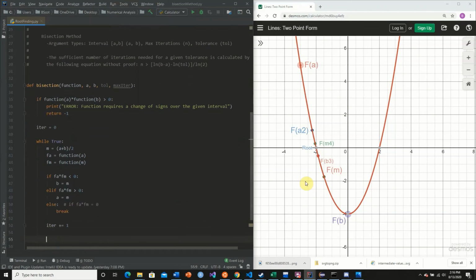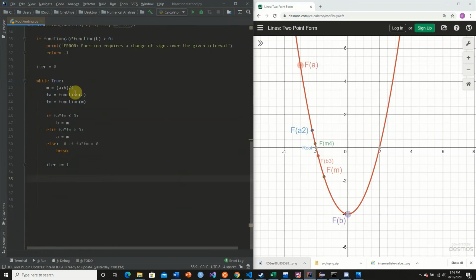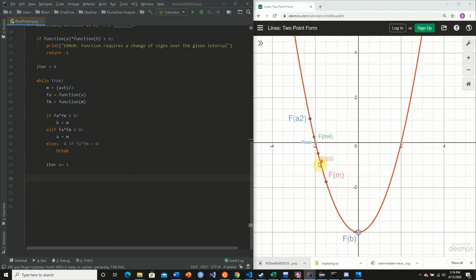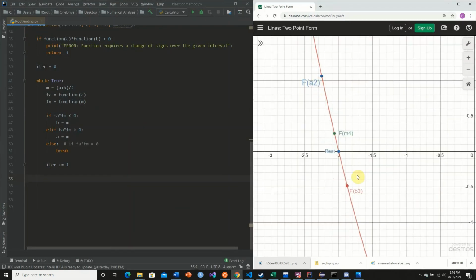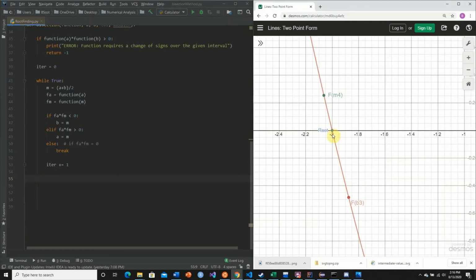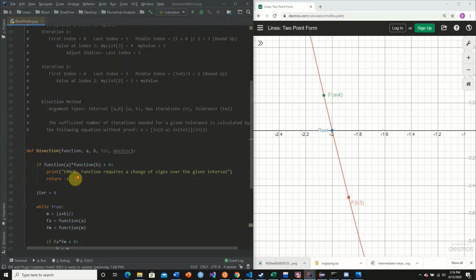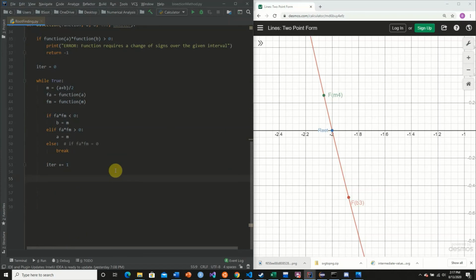And now what we do is we need a stopping condition to make sure we don't have some kind of infinite loop. So what we do here is, as I stated before, as we can see here, our f of a's and our f of b's slowly approach the root. But eventually, they're going to keep on approaching to where they become so close that if we minus their values, we need to check if that is less than our tolerance level. So we're going to say if the absolute value of b minus a is less than tolerance, we're going to break.